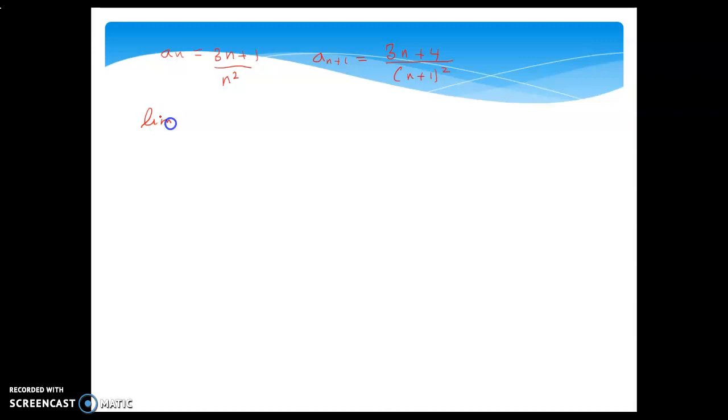Then we take the limit as n goes to infinity of this. So we're going to get 3n plus 4 over n plus 1 squared times n squared over 3n plus 1. We take the absolute value, but since everything is positive, it won't have much effect.